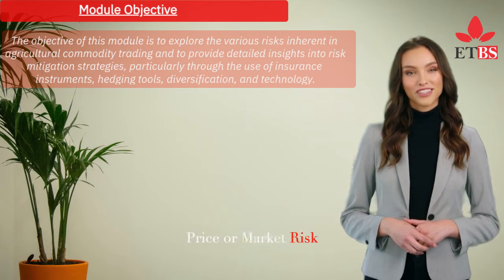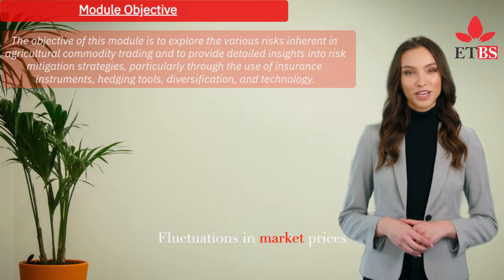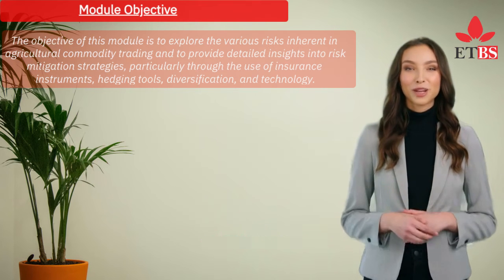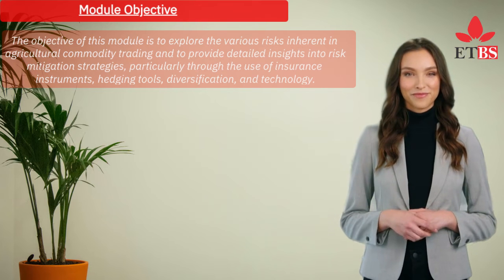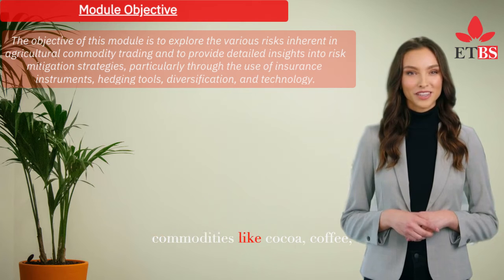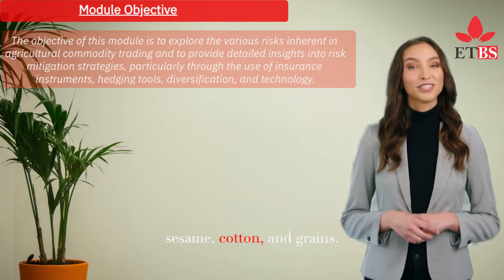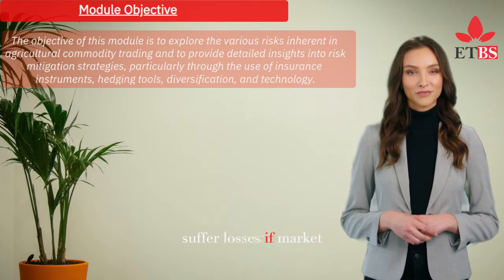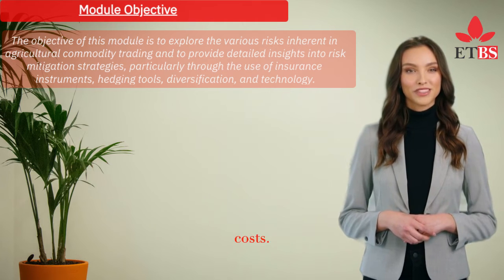Price or market risk. A. Fluctuations in market prices due to demand-supply imbalance, exchange rates, or global economic trends. B. Especially common in export-oriented commodities like cocoa, coffee, sesame, cotton, and grains. C. Farmers and traders may suffer losses if market prices fall below production costs.